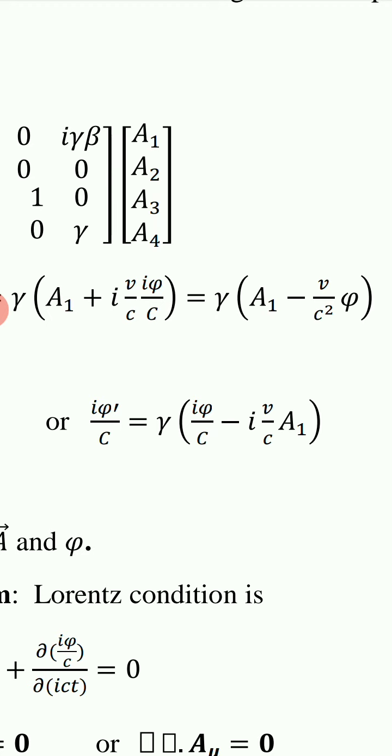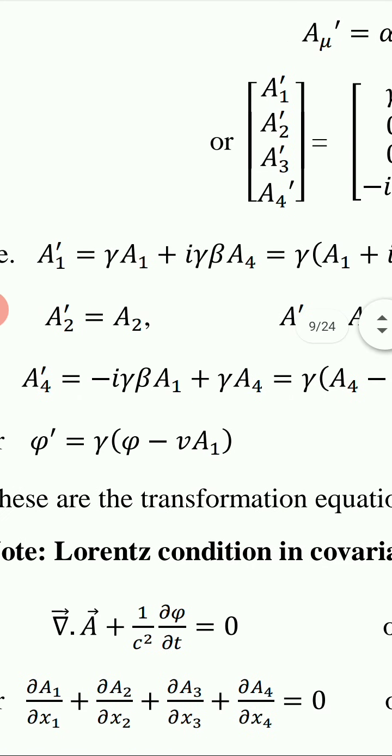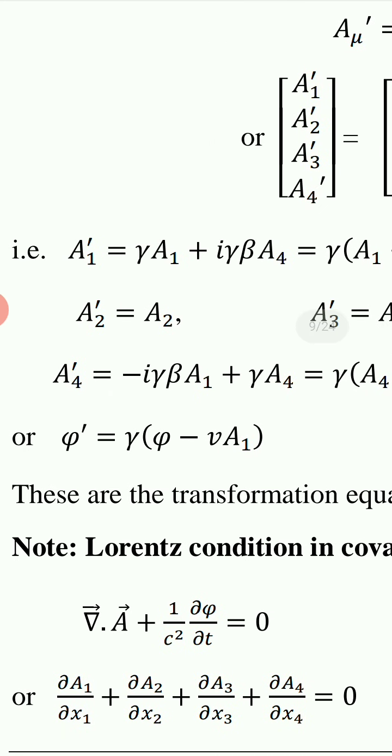So from this equation we can find an equation for phi dash. To obtain the equation for phi dash, we have to eliminate i by c from the left hand side. So we must multiply this equation by c upon i, and we get phi dash equal to gamma phi minus v A1.